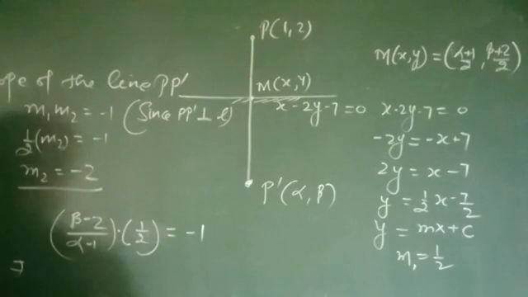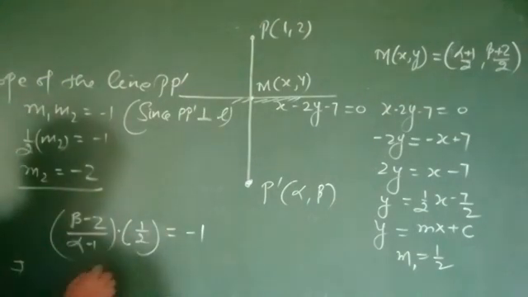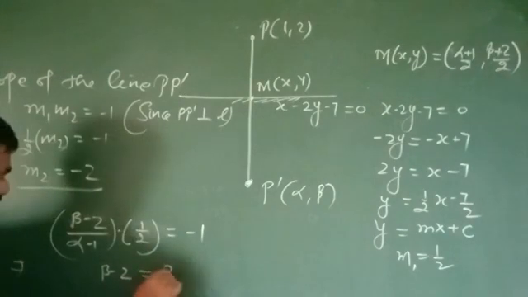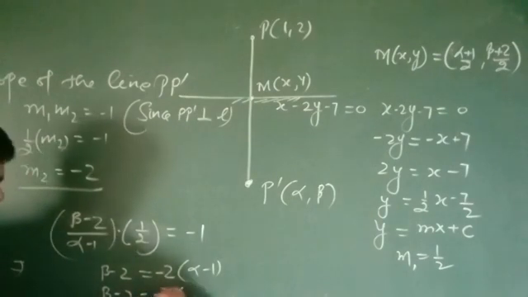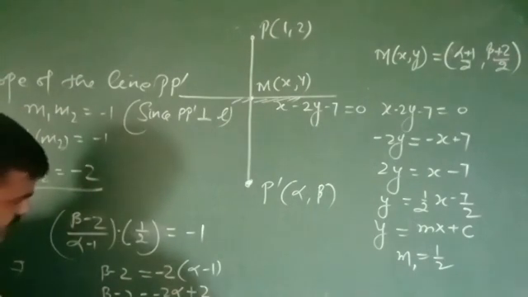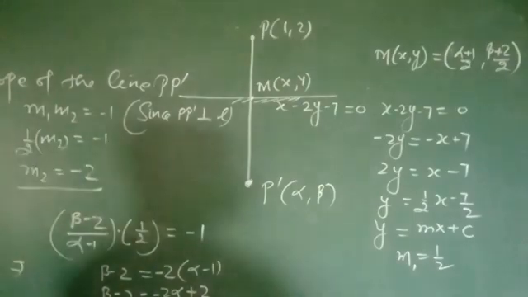Okay? So here we can write beta - 2 = -2(alpha - 1). Then beta - 2 = -2 alpha + 2. So beta + 2 alpha - 4 = 0. And this is equation 1.